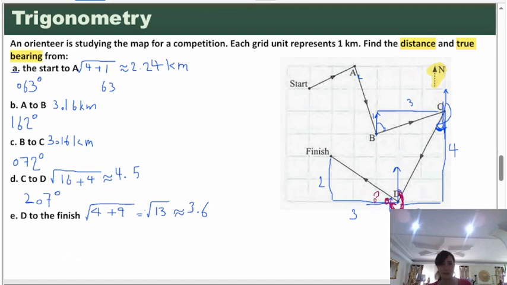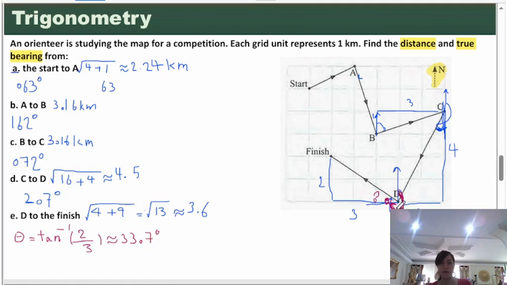So to find this angle, I say theta equals the inverse tangent of the opposite side over 3, which, if I calculate it with a calculator, gives me 33.7 degrees.